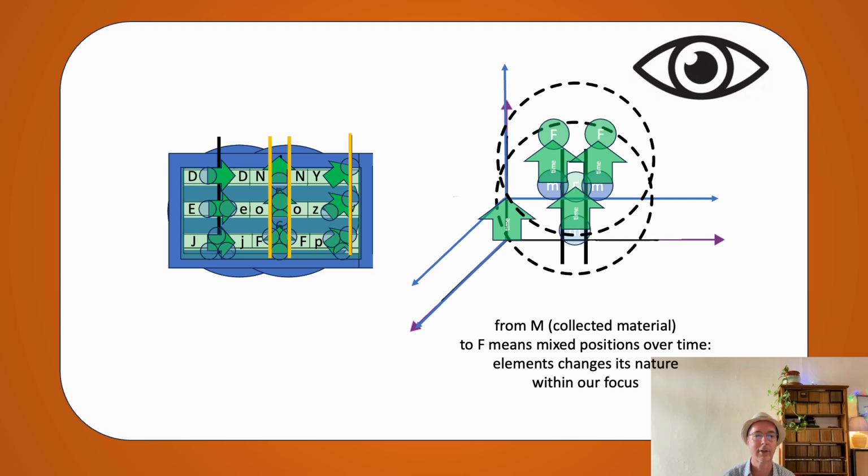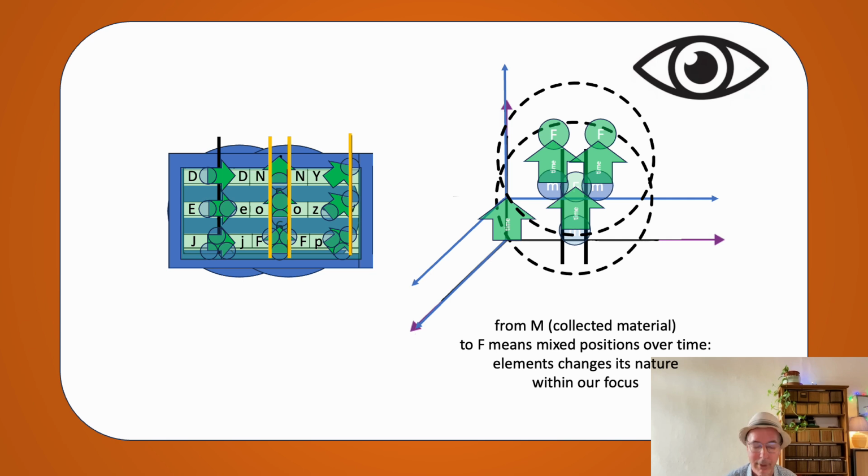Because you have so much material, if your focus changes a little bit, some of the material will be on the edges, and then more in the middle, and the other material will be more in the volume. So these positions and the order of what you can do with it changes as well. So that's what the F is.